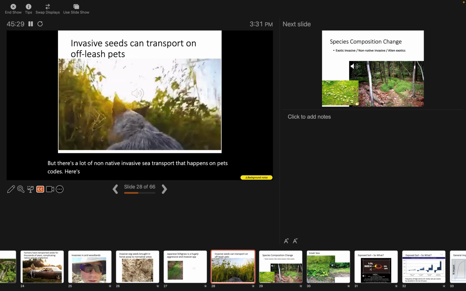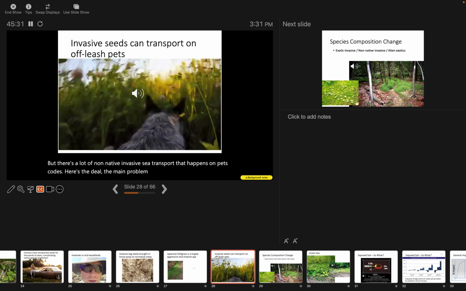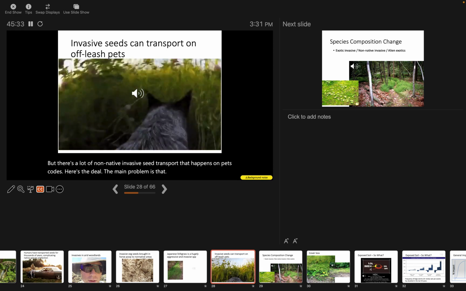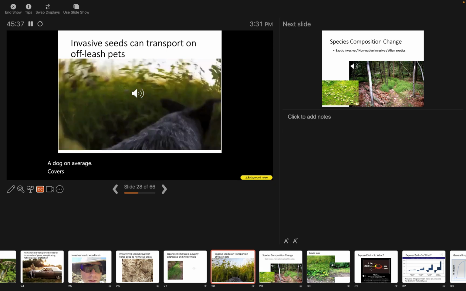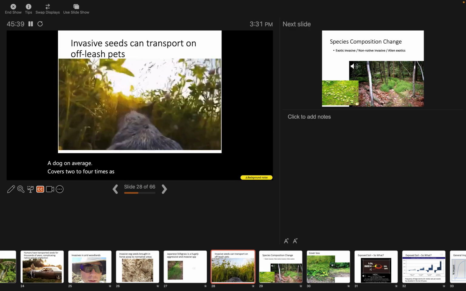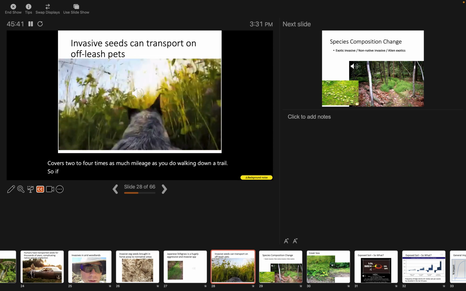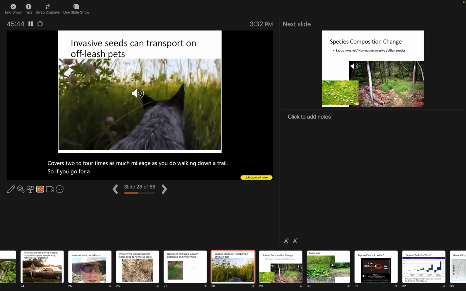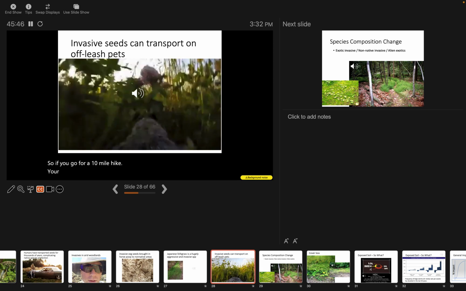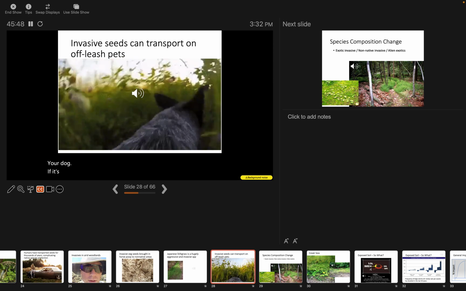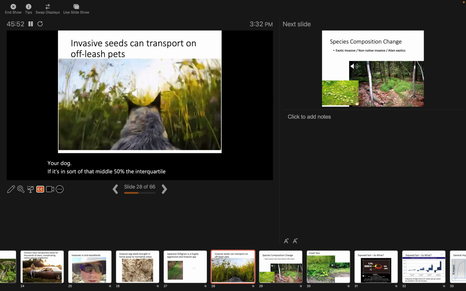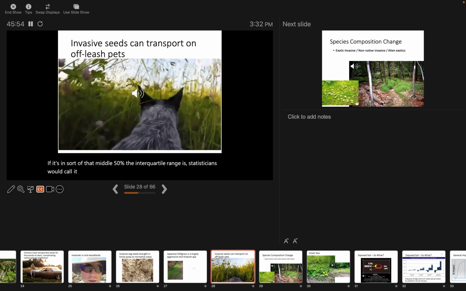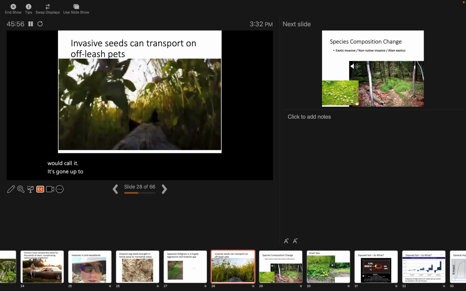Here's the deal. The main problem is that a dog, on average, covers 2 to 4 times as much mileage as you do walking down a trail. So if you go for a 10-mile hike, your dog, if it's in that middle 50%, the interquartile range as statisticians would call it, has gone up to 40 miles that day.